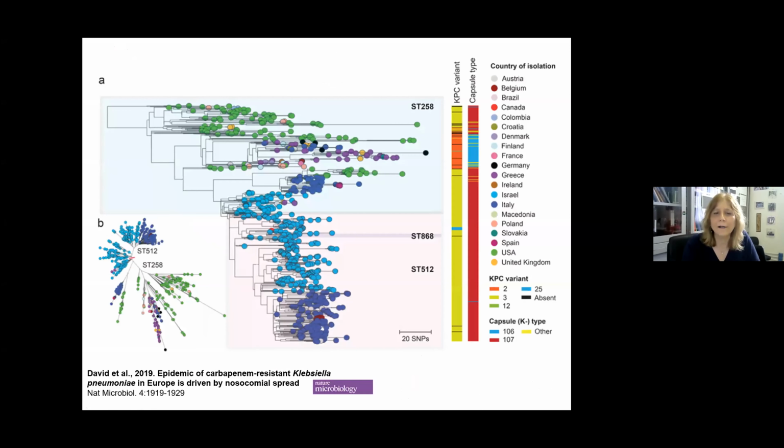In fact, in this paper, they compared the clone circulating in Italy, which is blue, with those identified in Israel and the United States. We were experiencing the epidemic circulation of clonal group 258, composed mostly of two strains, ST258 and the highly related ST512.